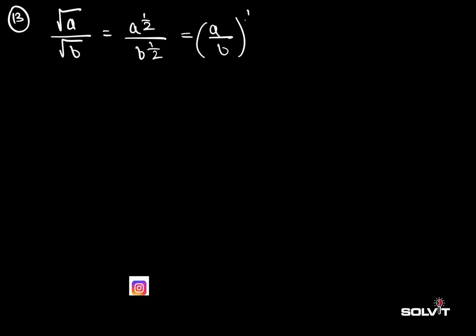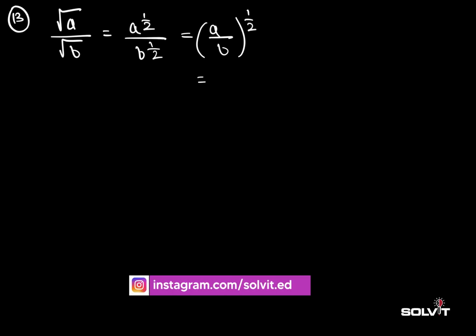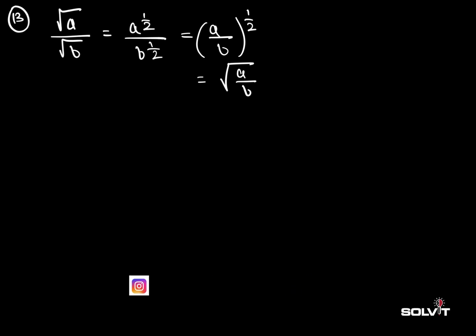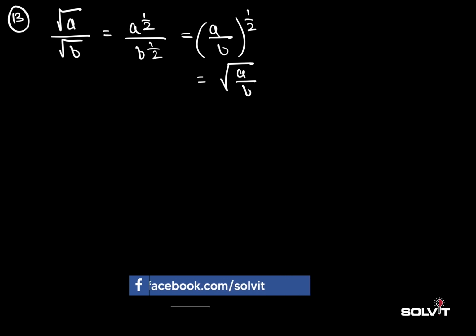So what does 13 say? 13 says that if it's under root a over under root b, now what's the scene? This has a half power, and this also has a half power, even though the variables are different. So now what it can become is a over b with the whole power of 1/2, and it would be under root of a over b if you want to write it in the radical form.